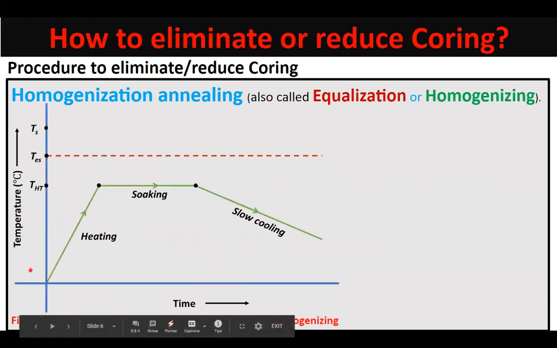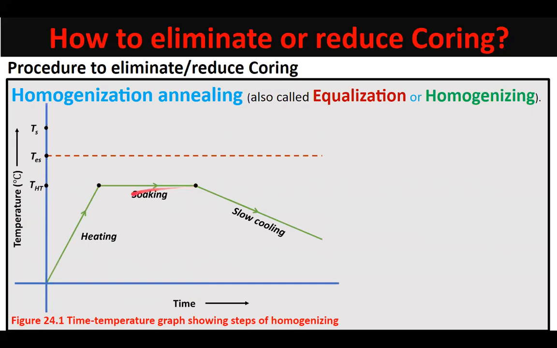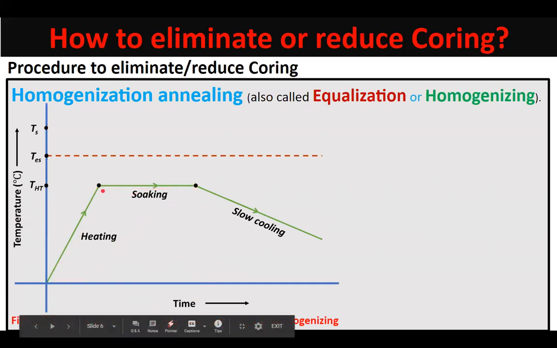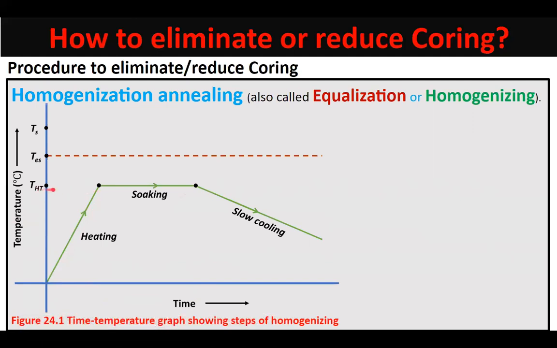We have heated the casting of type 1 system to the heat treatment temperature. We soak it at this temperature for some period of time, and after that soaking period is over, we slowly cool it down to room temperature.